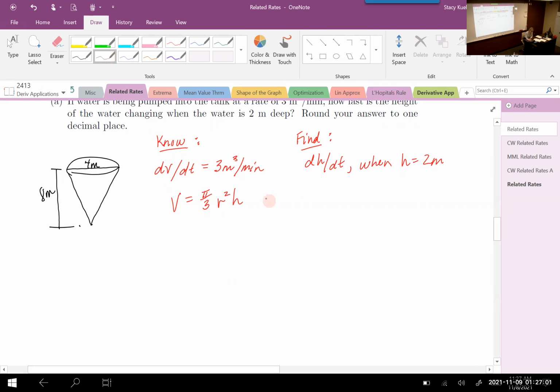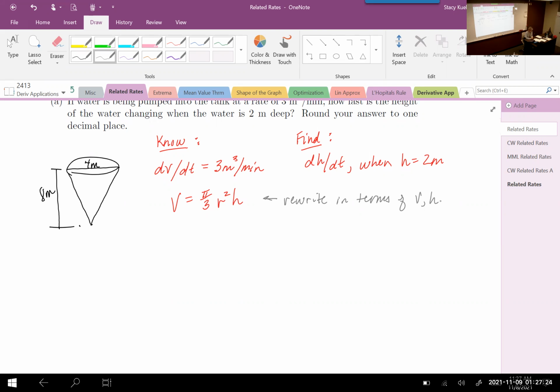Okay, so we're going to try to rewrite it in terms of V and H. In other words, we want to eliminate r. We want to rewrite r in terms of h. We can do that using proportions. Another way to think of that would be similar triangles.